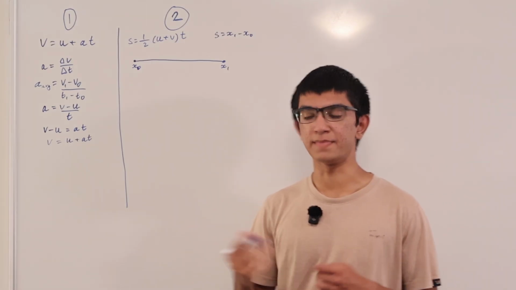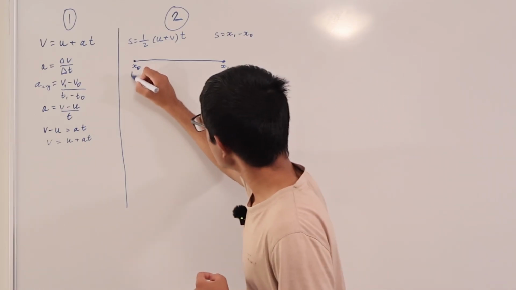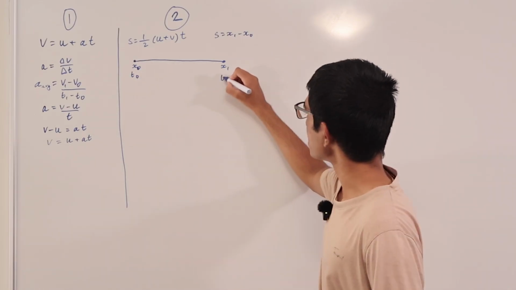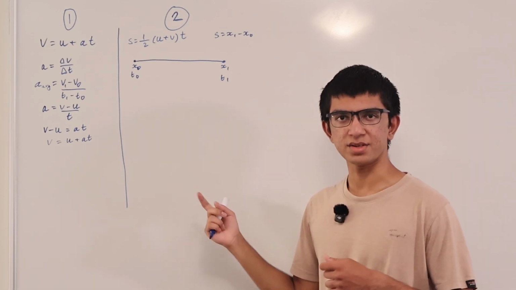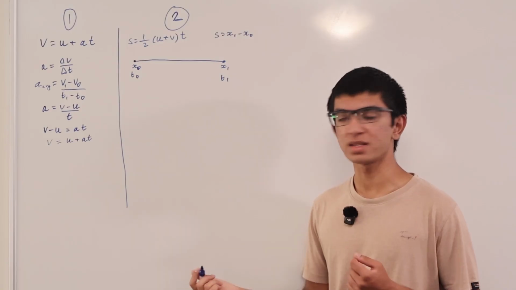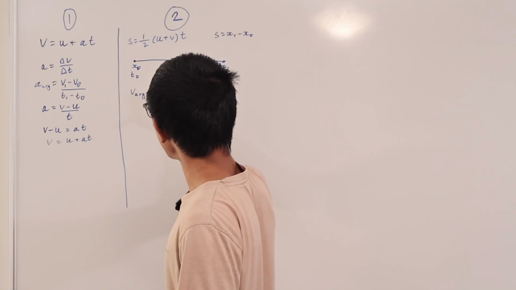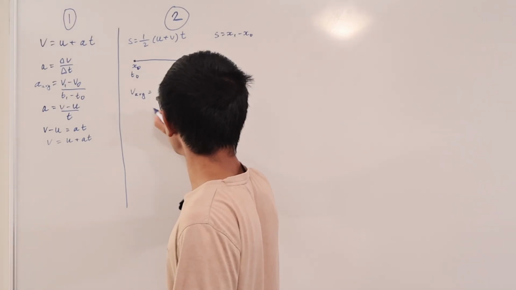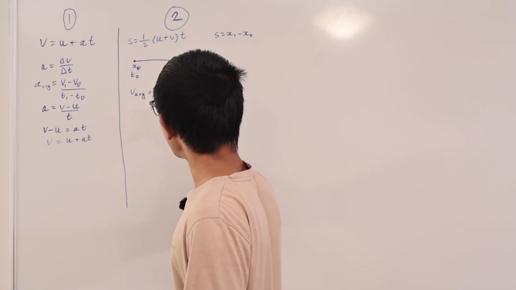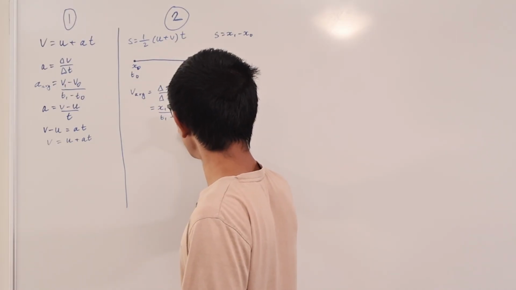Another thing that is measured is my initial and final time. So t0 and t1. Now, with these values, I can find my average velocity. Average velocity is given by change in displacement over change in time. So x1 minus x0 divided by t1 minus t0.